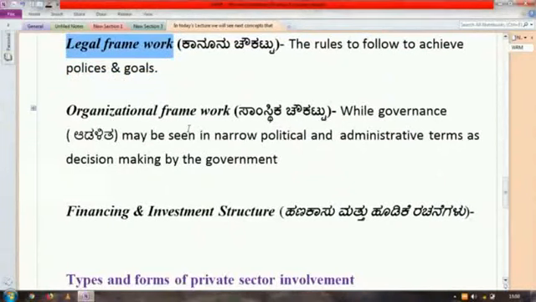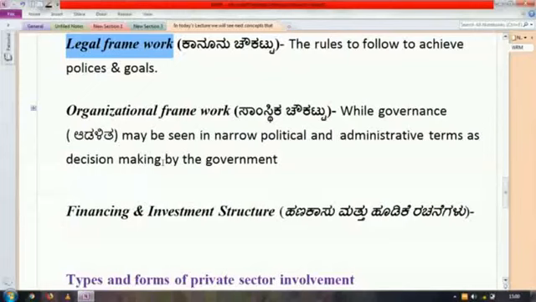In the organizational framework, while governance may be seen in narrow political and administrative terms as decision making by the government, good governance actually requires that all institutional actors involved in managing water resources, including citizens, organizations, and private entities, work in a common direction.